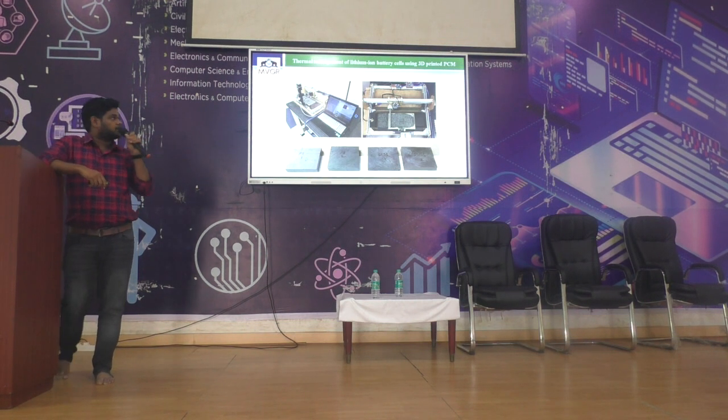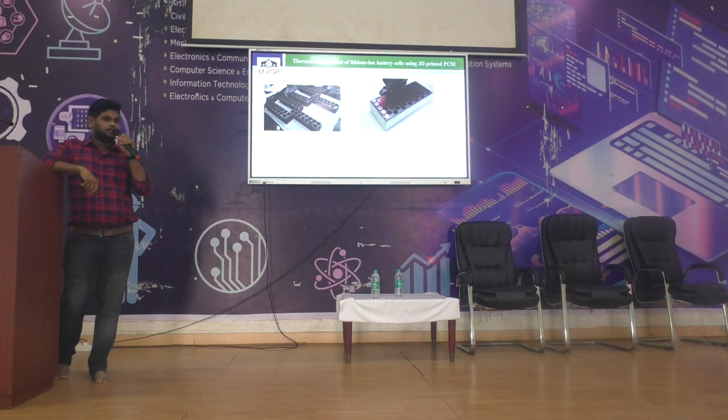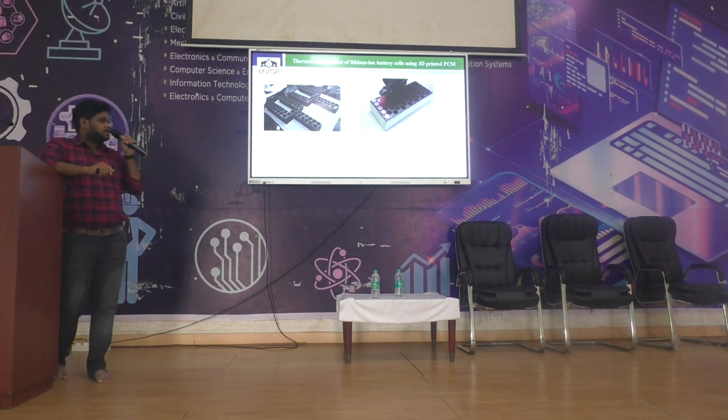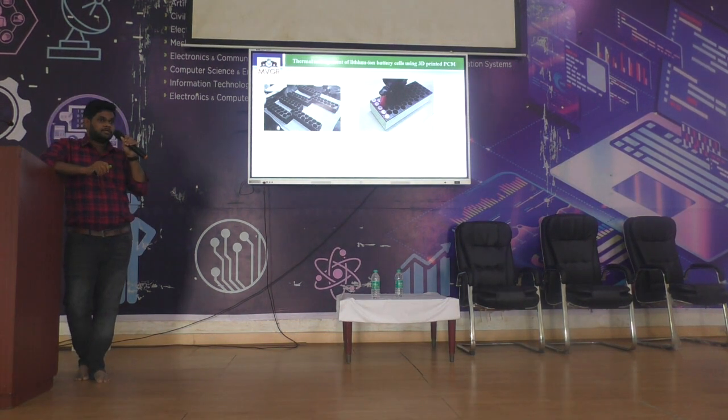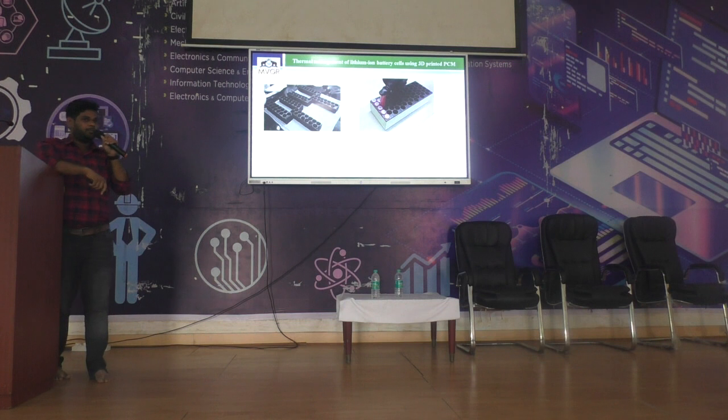Let us take one example. This is the 3D printed battery thermal management system. Here I'm taking graphite foam as the porous structure material, mixed with the phase change material. Once the preparation is done, I print it into these kinds of molds.